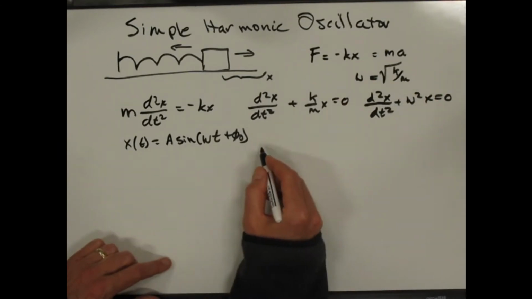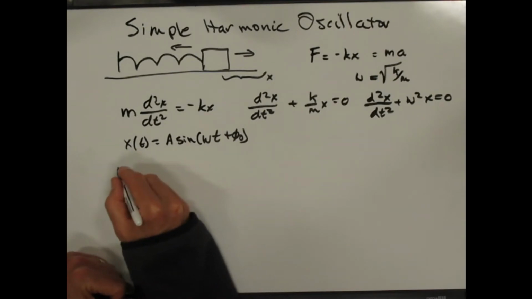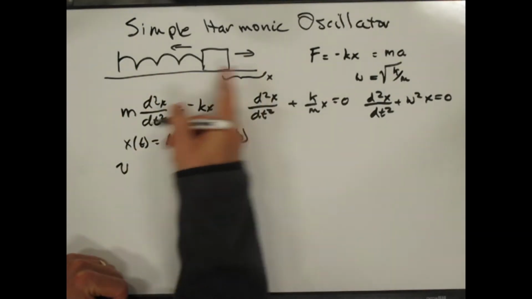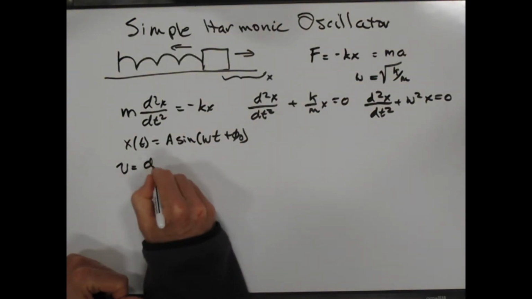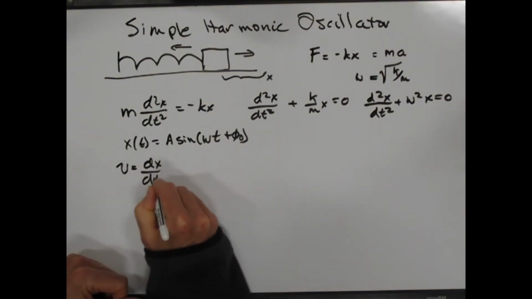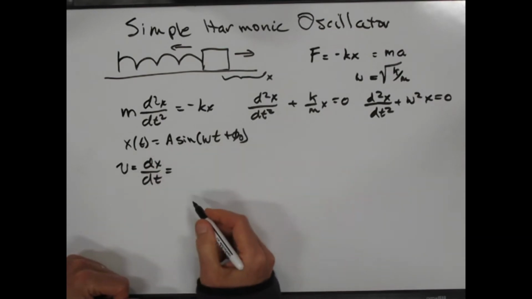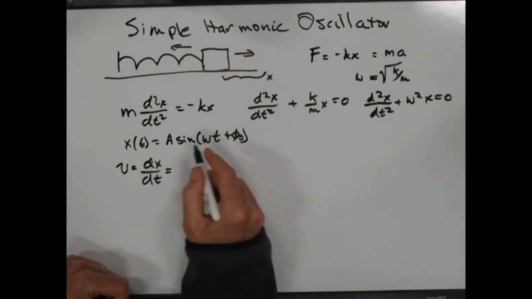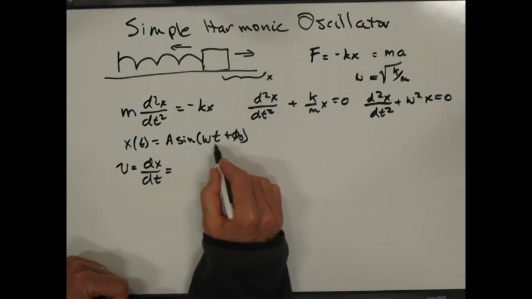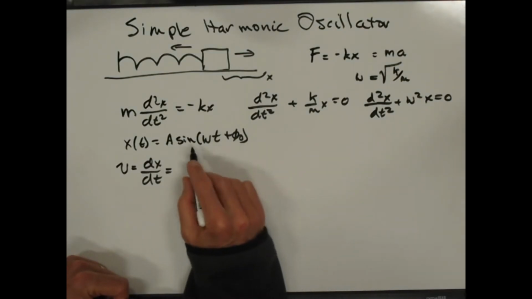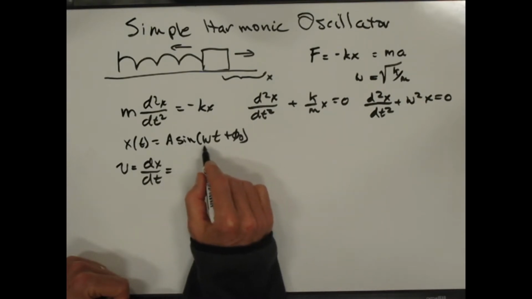And so now that we have this, we can say, well, look, from this we can calculate the velocity, right? It's oscillating back and forth. If we want to know its velocity as a function of time, that's just dx dt, which is just the derivative of this quantity with respect to time. Again, A, omega, and phi naught are all constants. The only thing that varies is t. And so the derivative of this is really just the derivative of sine of a t variable, right?